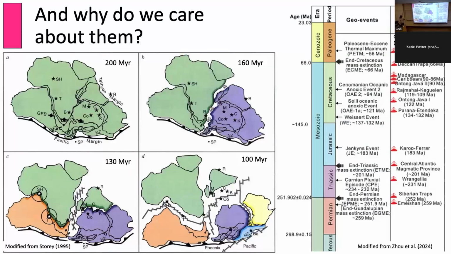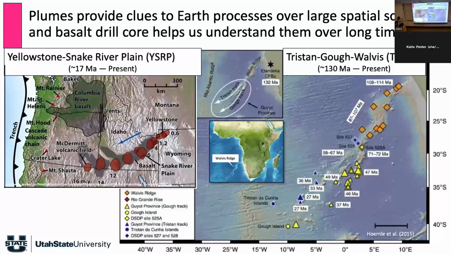So these plume processes are really important in understanding other systems on Earth. Okay, to summarize, plumes provide these large-scale clues, large spatial clues of processes, whether it's plate movement or continental breakup, and we can really pinpoint these processes by using basalt drill core and sampling these areas in detail to understand processes through time.